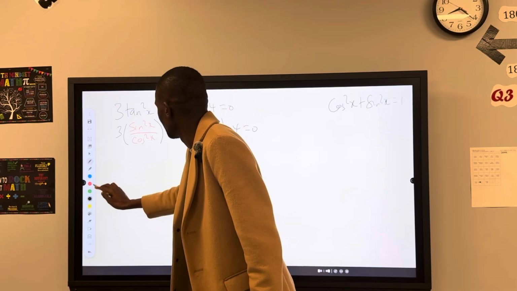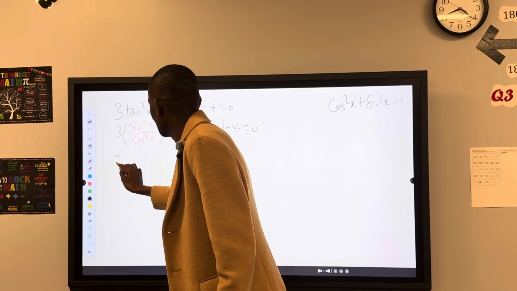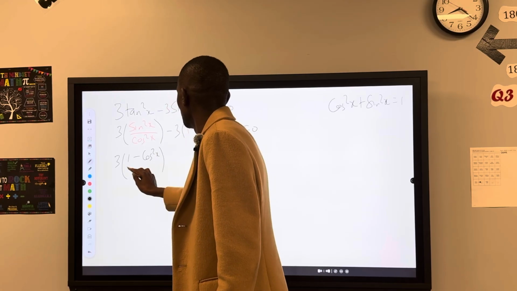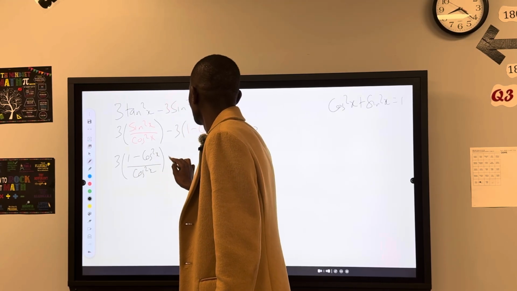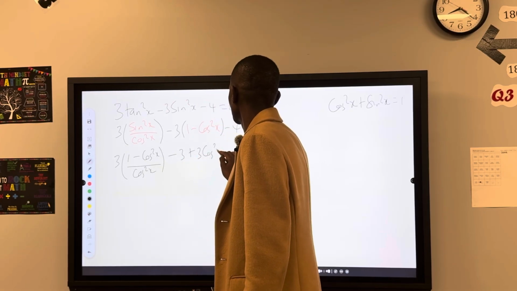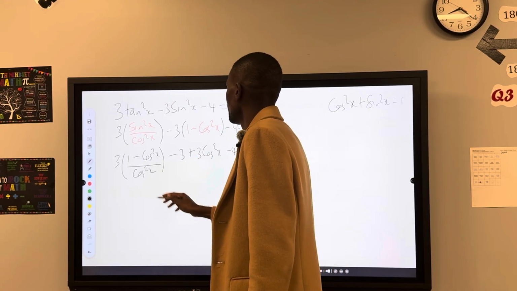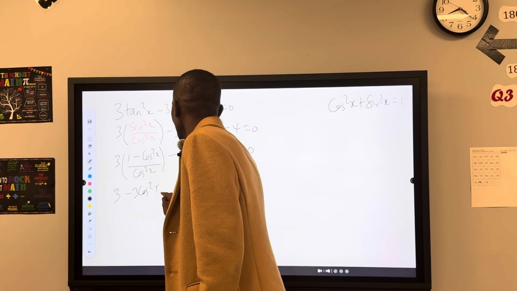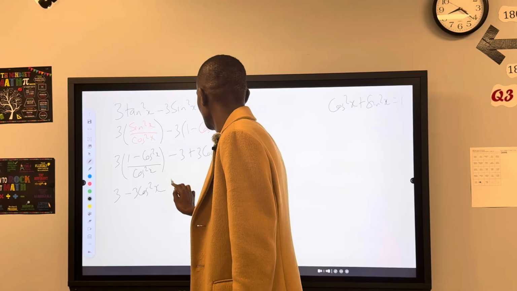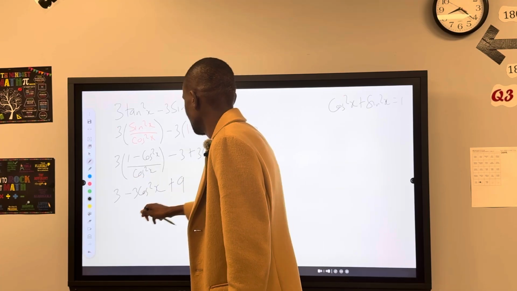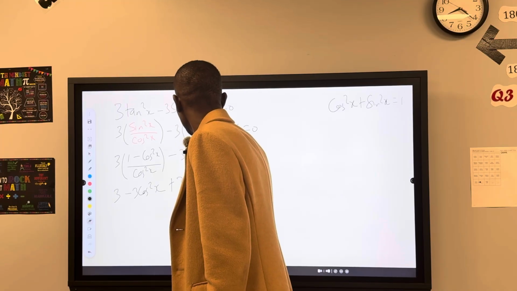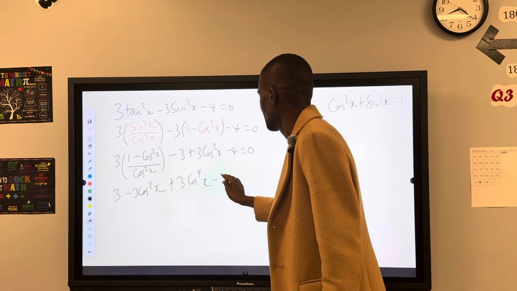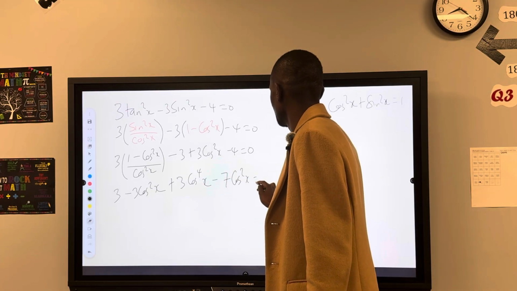When we isolate the sine squared, we're going to remain with 1 minus cos squared x. From there, I'll just go ahead and expand. This is 3 times 1 minus cos squared x over cos squared x, minus 3 plus 3 cos squared x, minus 4 equal to 0. If I expand, I'm going to get 3 minus 3 cos squared x, plus 9, plus 3 cos to the fourth of x, and this and that make minus 7 cos squared x equal to 0.